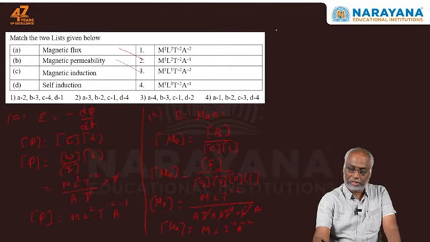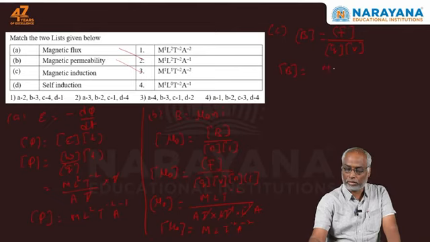Next, magnetic induction, the third one. So when it comes to magnetic induction, B is nothing but force per unit charge per unit velocity. The dimensional formula for B: force is M L T^-2, charge is current into time, velocity is L T^-1.